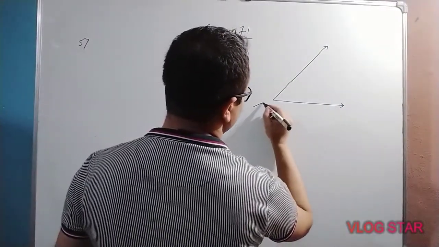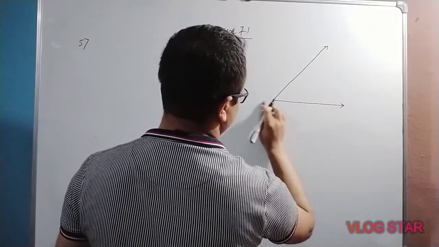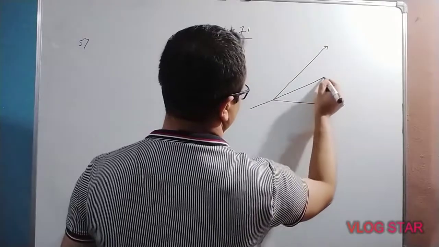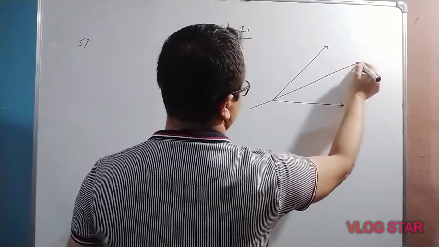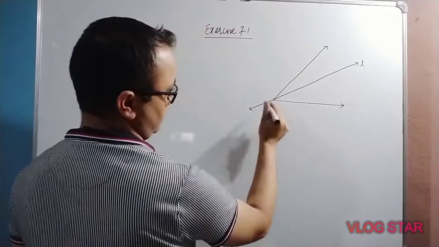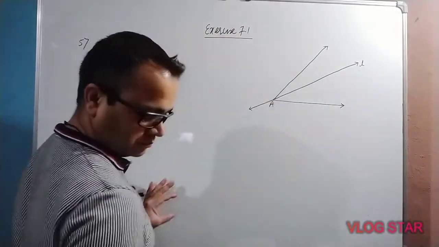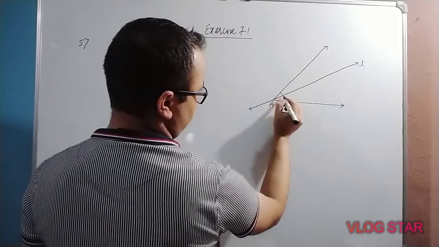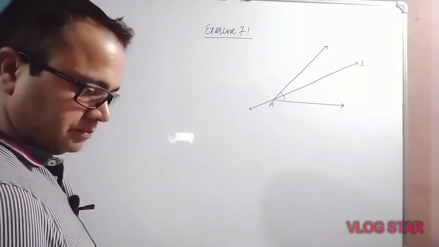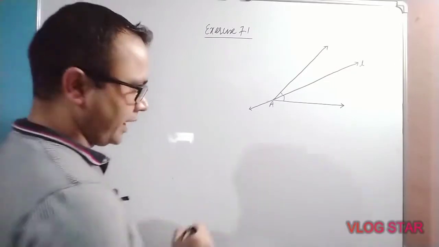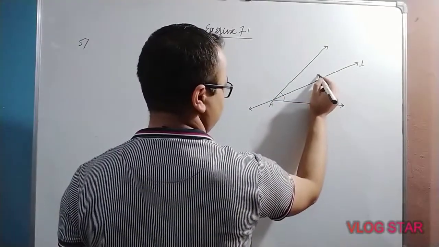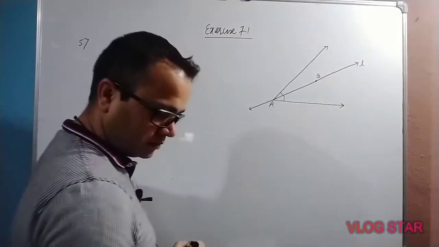This is line L, which bisects angle A, which means these two angles are equal. And B is any point on L. This point B is on L.